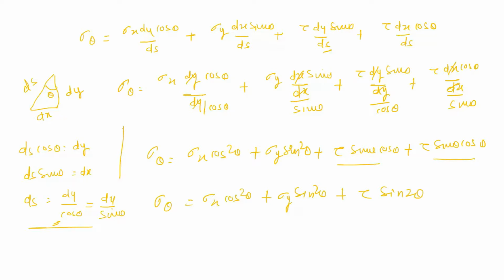Now cos square theta can be written as 1 plus cos 2 theta over 2, and sin square theta can be written as 1 minus cos 2 theta over 2. So sigma theta is equal to sigma x times (1 plus cos 2 theta over 2) plus sigma y times (1 minus cos 2 theta over 2) plus tau sin 2 theta.